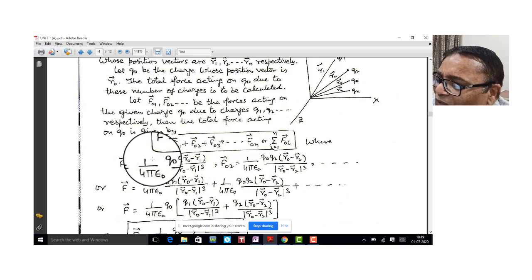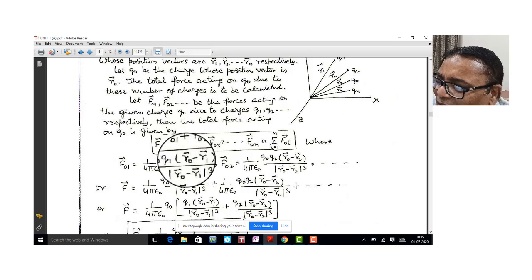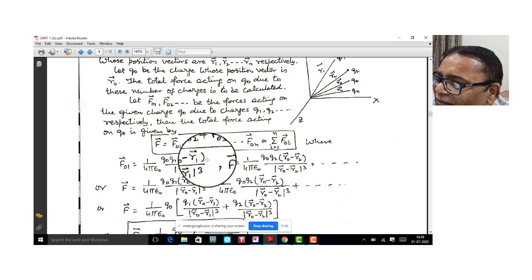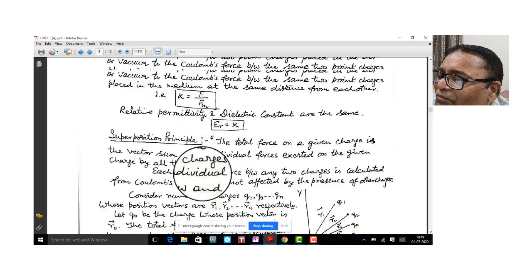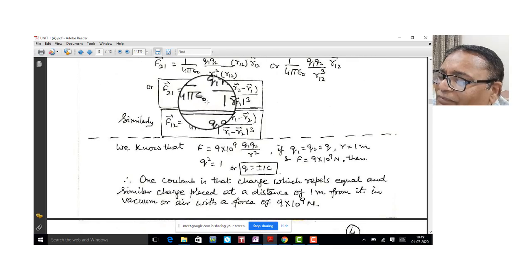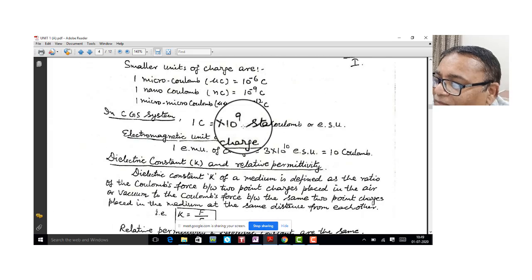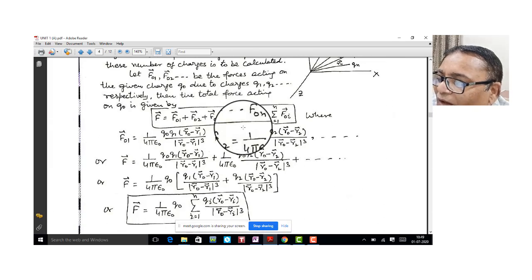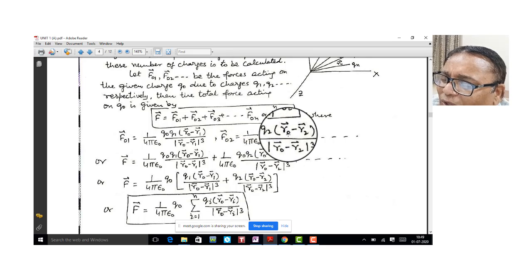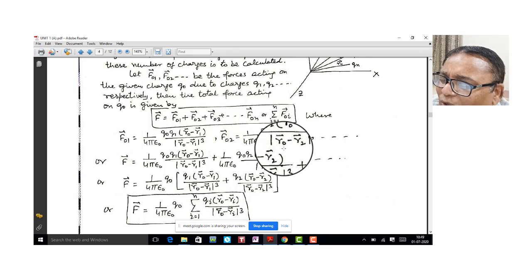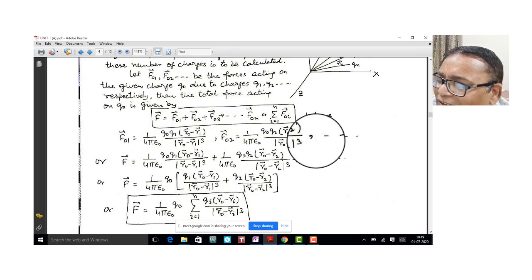F01 is 1 upon 4 pi epsilon 0, q0 q1 times (r0 minus r1) upon |r0 minus r1| cube. And F02 is equal to 1 upon 4 pi epsilon 0, q0 q2 times (r0 minus r2) upon |r0 minus r2| cube, and so on.